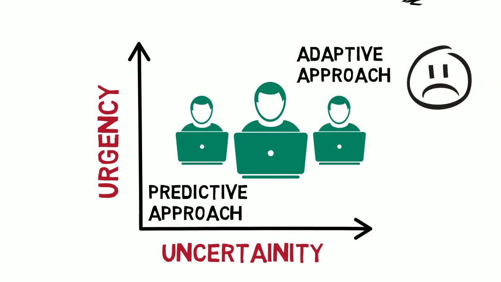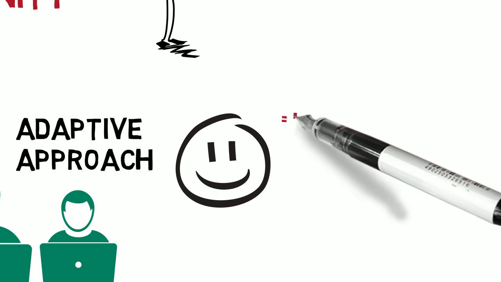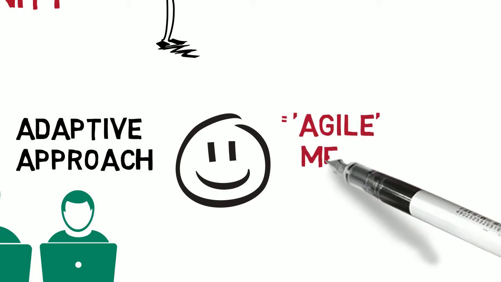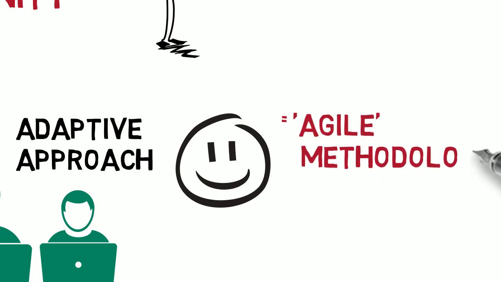Now, if you compare this graph, which I got inspiration from software development, you can see that this adaptive approach is placed in the exact same place in the previous graph where we argued that we want to have SCGS. Software people call this approach agile methodology.